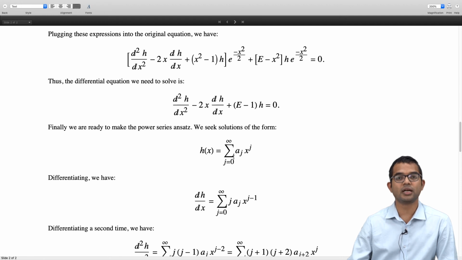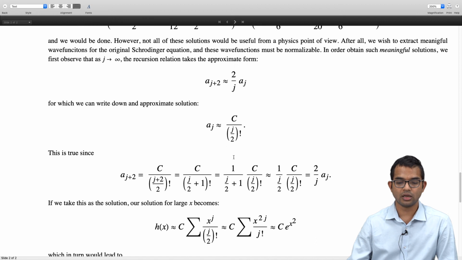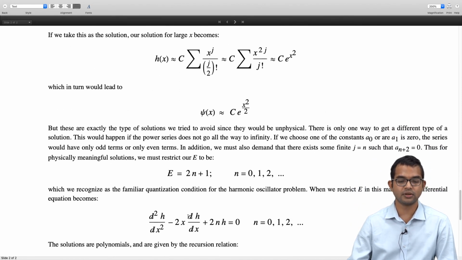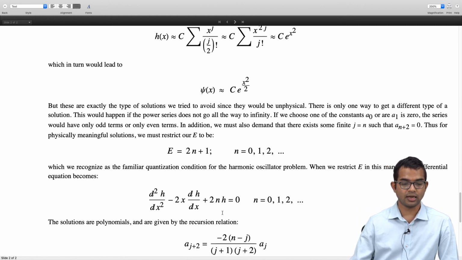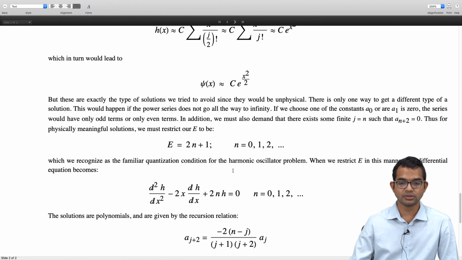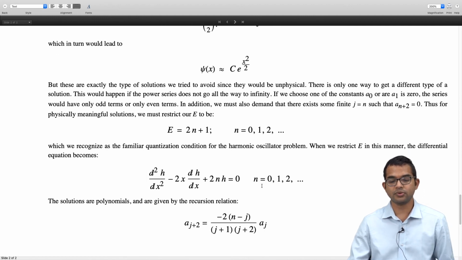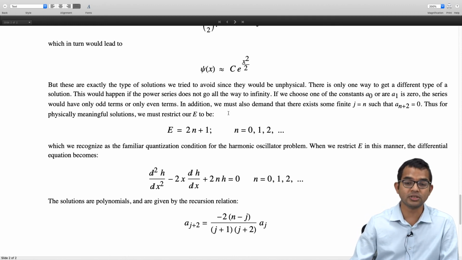Then for this differential equation we had plus E minus 1 times h equal to 0. But E minus 1 will just become 2n, right, in these units. So the differential equation just becomes plus 2n h equal to 0, right? And the solutions when you do this are polynomials, right? So we fix n to be 0, 1, 2 and so on, and then we get these polynomials.